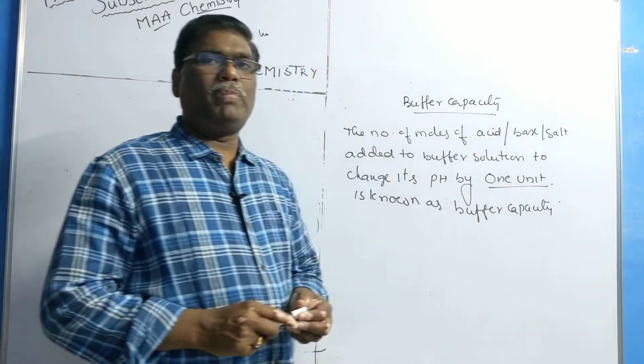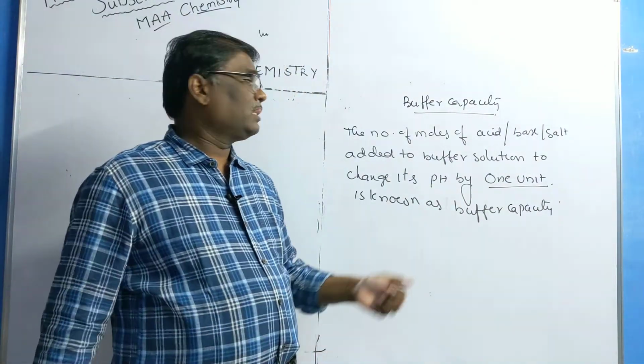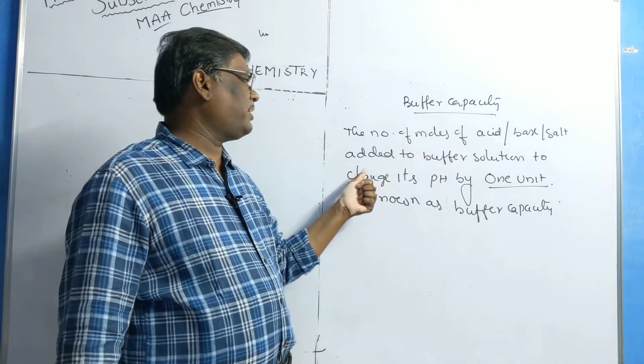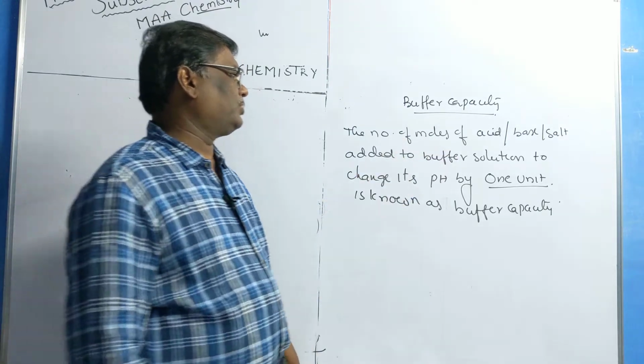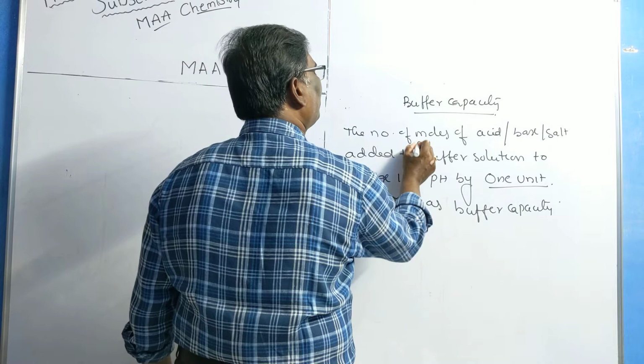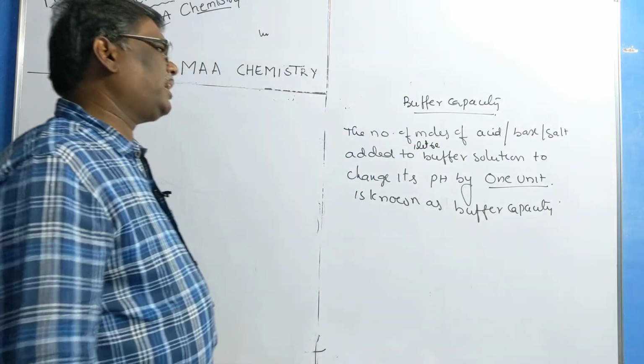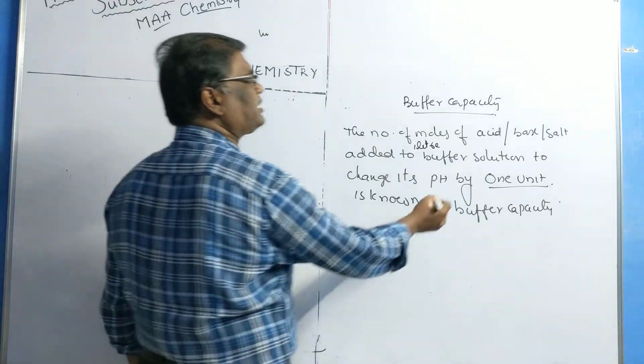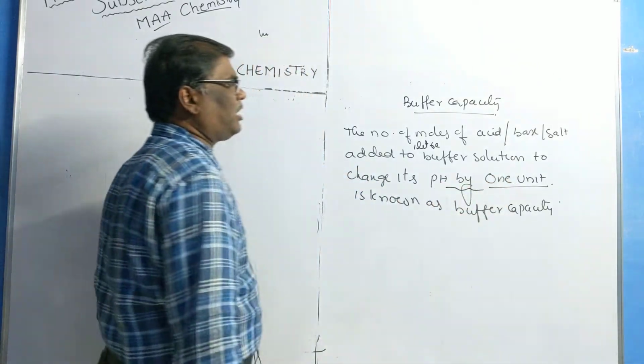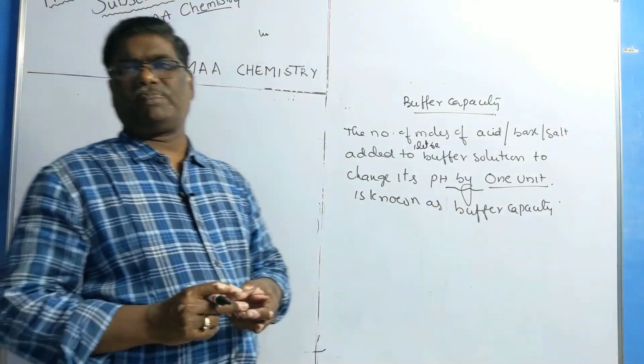Now, buffer capacity. The number of moles of acid or base or salt added to 1 liter of buffer solution to bring its pH change by 1 unit is called buffer capacity.